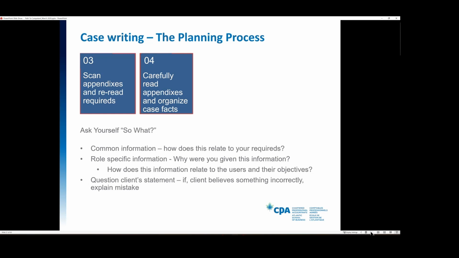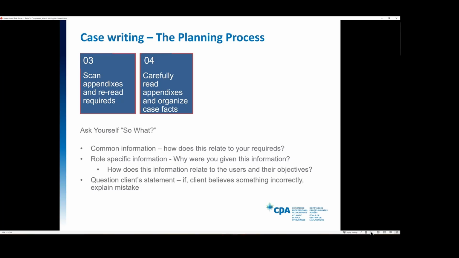When it comes to your role-specific narrative and appendices, ask yourself why you were given that information. If you are given an exhibit and it's under your role, you know there's information there that you need. Ask yourself, how does that information relate to the users and their objectives?